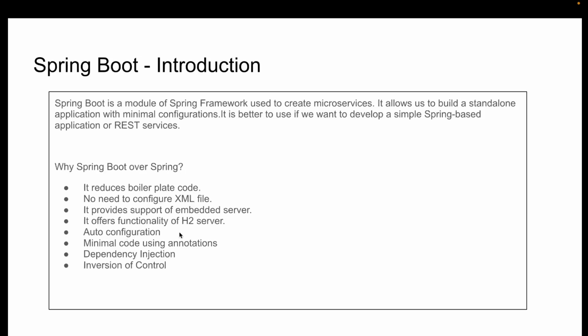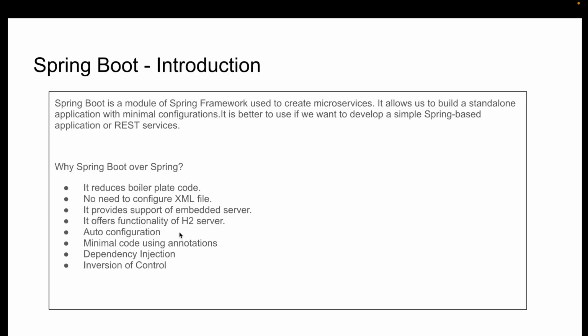So Spring Boot basically provides you auto configuration. Auto configuration means that on top of Spring MVC, you have a lot of annotation based approach. When I speak about annotation based approach, you would have something like @Autowired or @Bean.